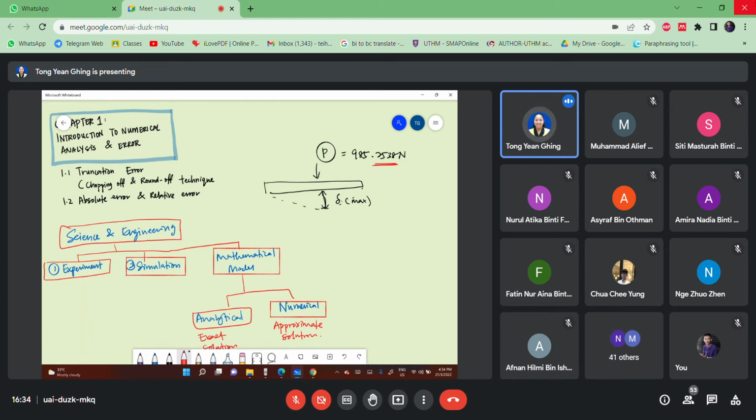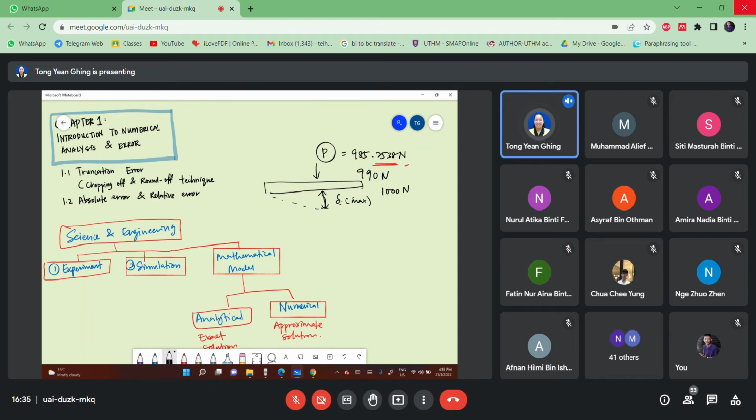Normally, we just want this value for design, right? Let's say we want to design the beam. You want to know this load. So actually we can just get the approximation value, and that is okay for engineering. Let's say maybe we can get 990 Newtons or maybe 1000 Newton, as long as the beam will not reach the maximum deflection.